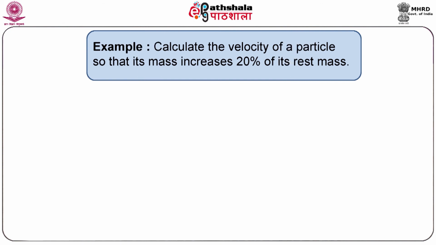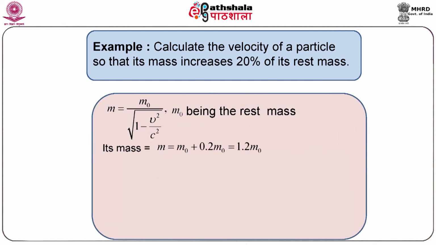Let us consider the next example. Calculate the velocity of a particle so that its mass increases 20% of its rest mass. We have this formula m equal to m0 divided by square root of 1 minus v squared divided by c squared.